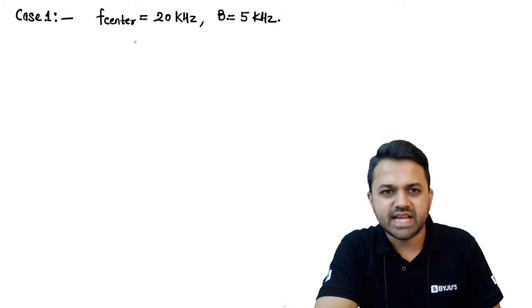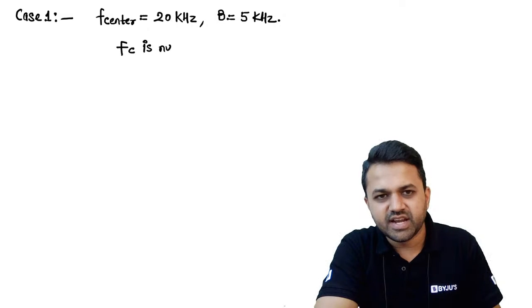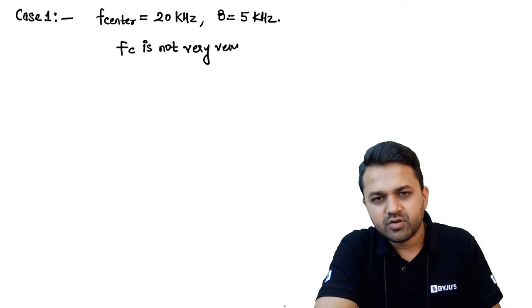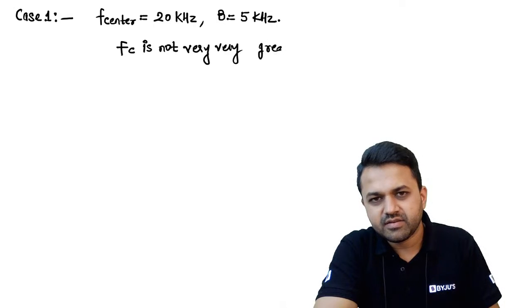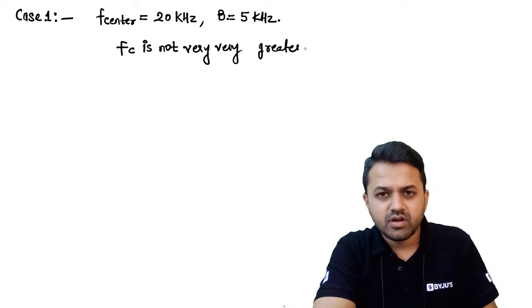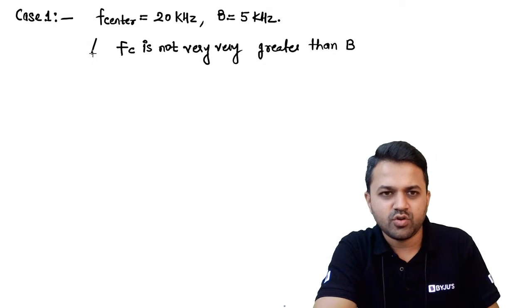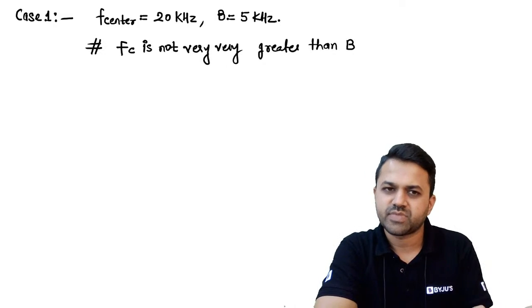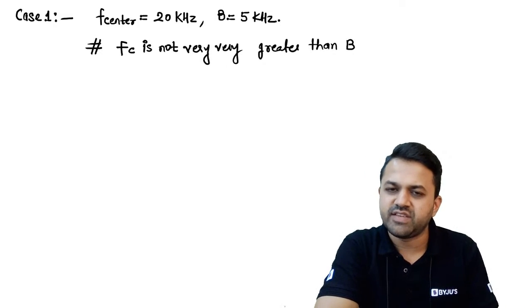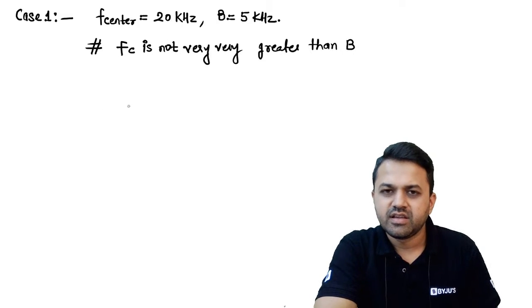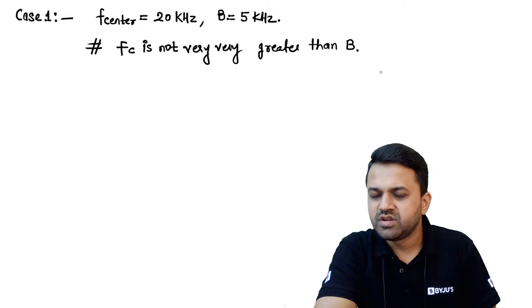So here you can see that FC is not very much greater than B. When FC is not very much greater than B, what do we have to do?